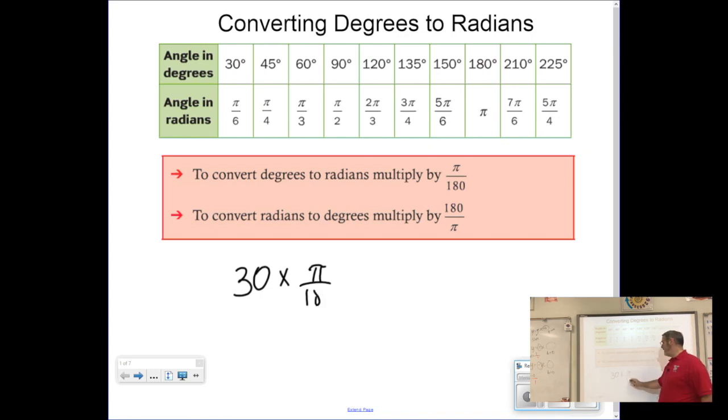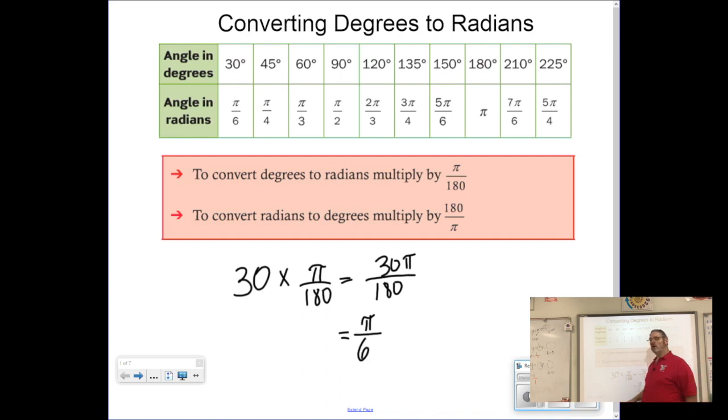Pi over 180, and we get 30 pi over 180. We can simplify 30 and 180, and that'll give us pi over 6.